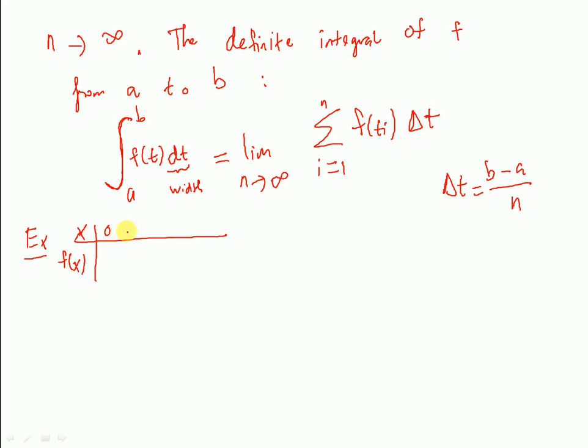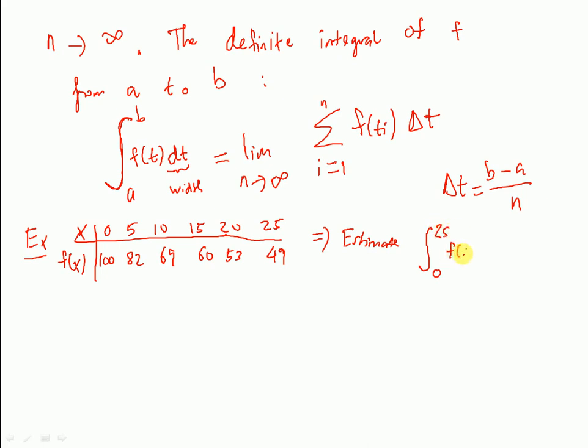I have 0, 5, 10, 15, 20, 25, and the values are 100, 82, 69, 60, 53, and 49. Okay, and we want to estimate the definite integral from 0 to 25 of f of x dx.